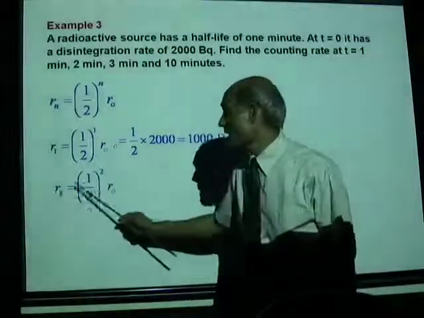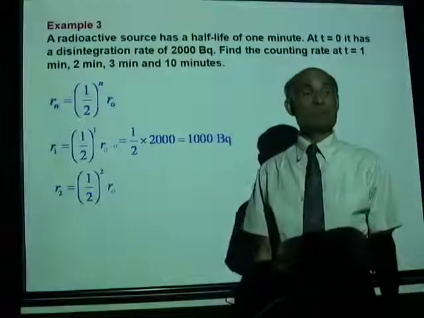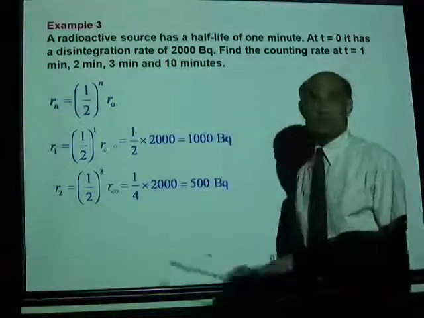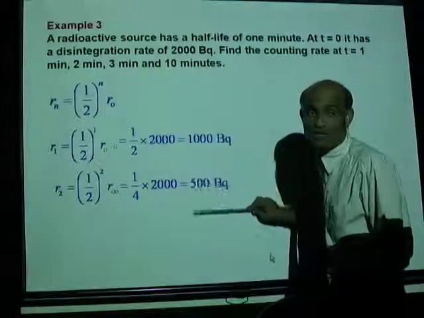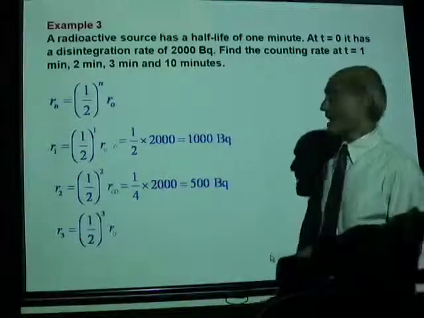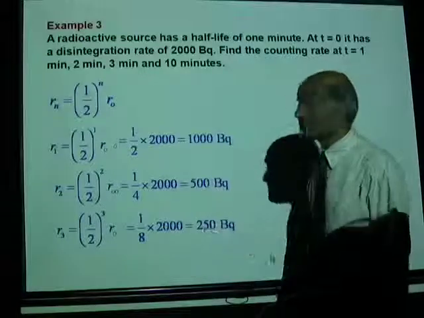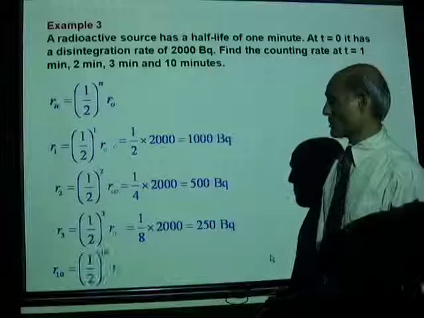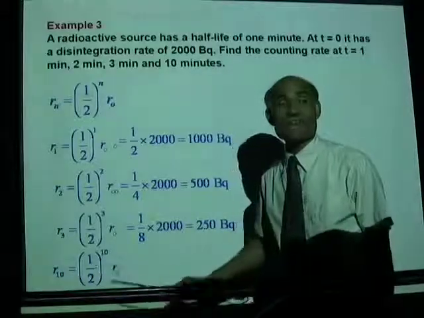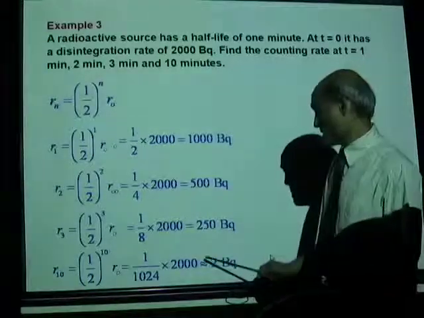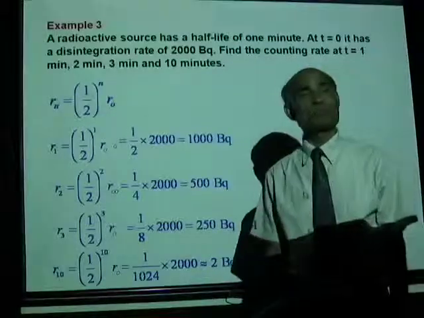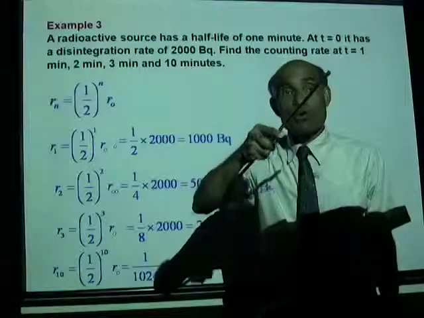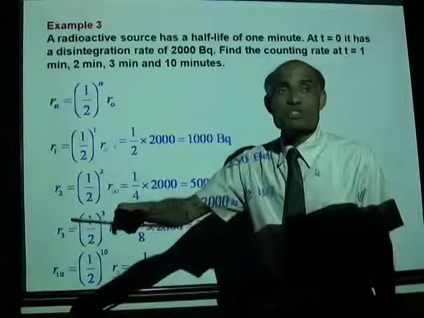After two half-lives, it will be 1/2 to the power of 2 R0, that will be 500 becquerel. In fact, you can actually write the answers right from here. After 3 half-lives, the rate of disintegration will be 250 becquerel, and after 10 half-lives, it will be approximately 2 becquerels. In other words, you can see how the rate of disintegration falls exponentially, exponential decay.